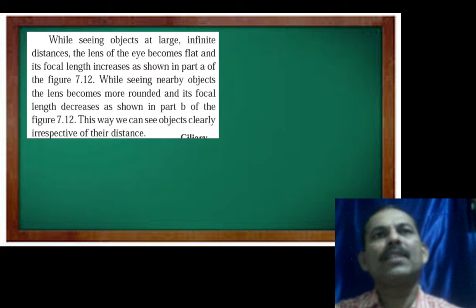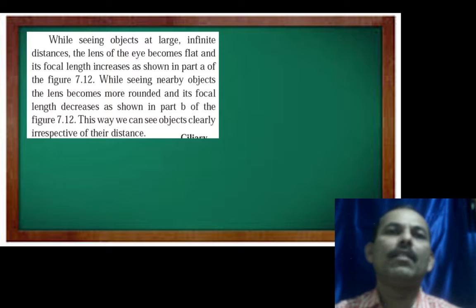While seeing objects at large, infinite distances, the lens of the eye becomes flat and its focal length increases. While seeing a nearby object, the lens becomes more rounded and its focal length decreases. This way, we can see objects clearly irrespective of their distance.